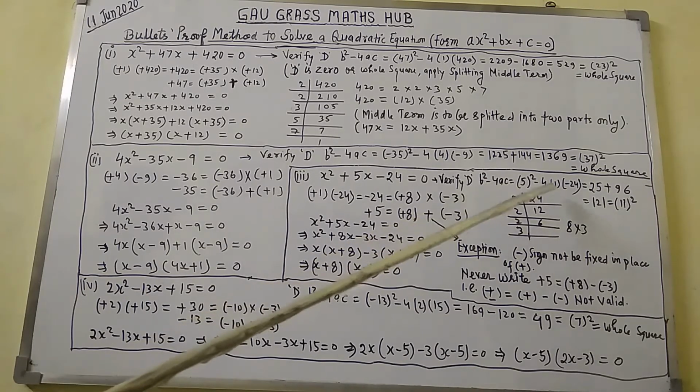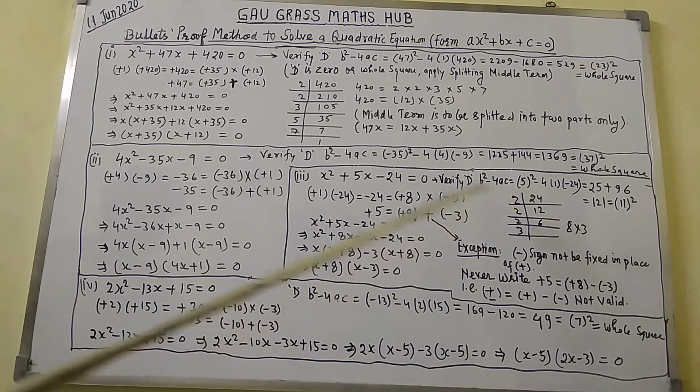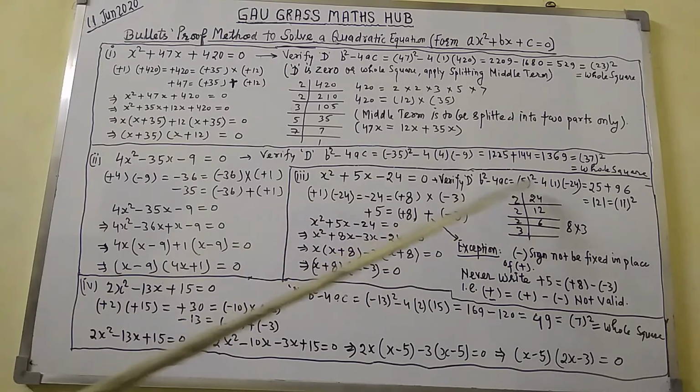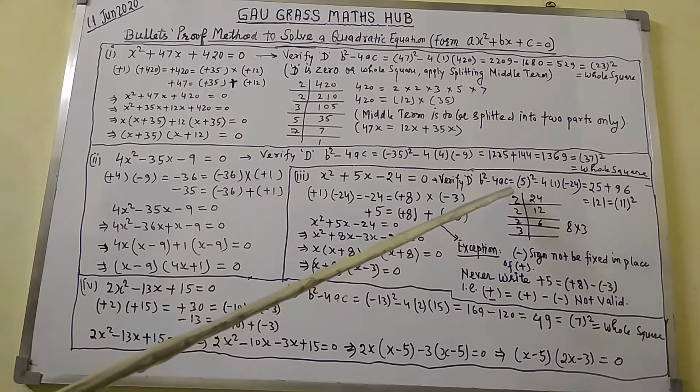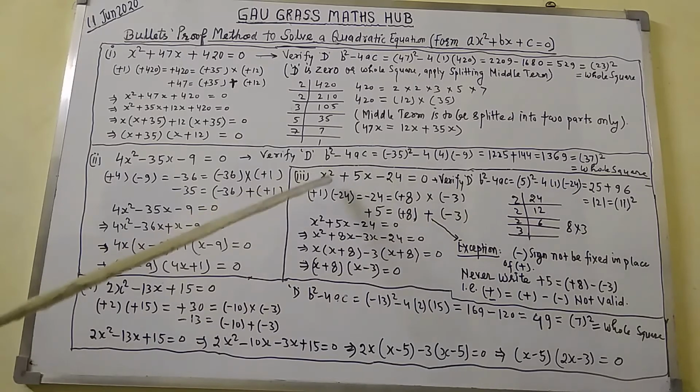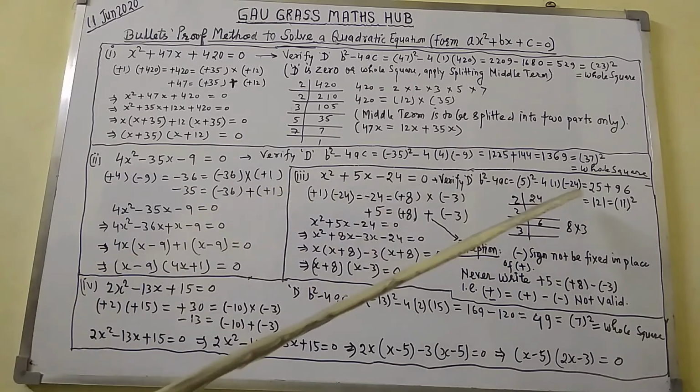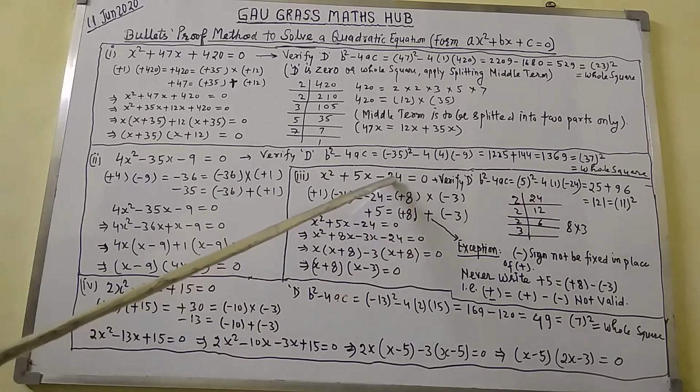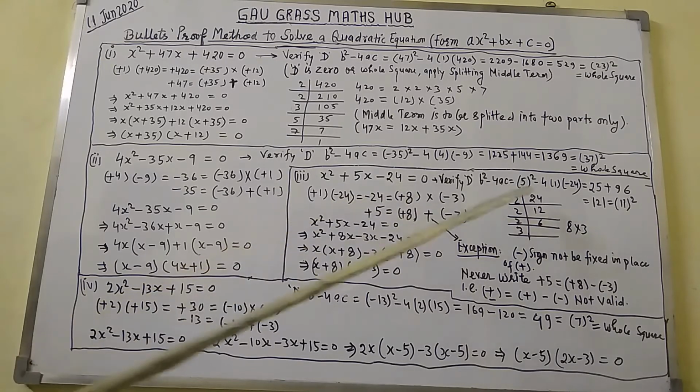Put the minus sign, and then 4. The value of a equals 1, put 1. The constant value itself is minus 24, so put c as minus 24. Do the operations here.